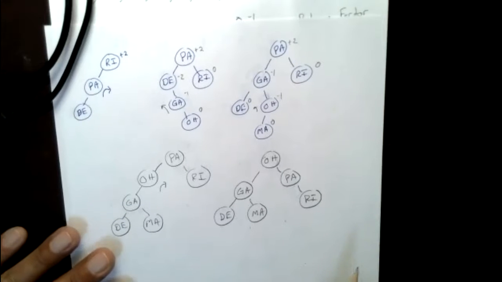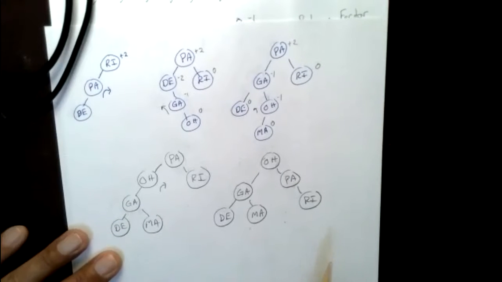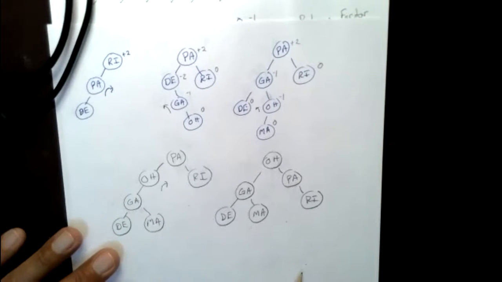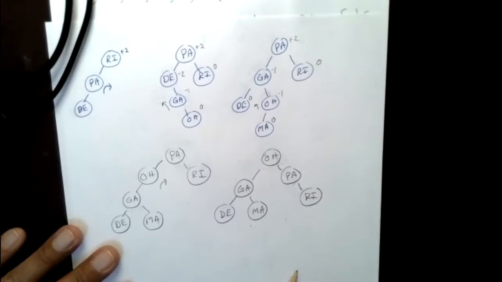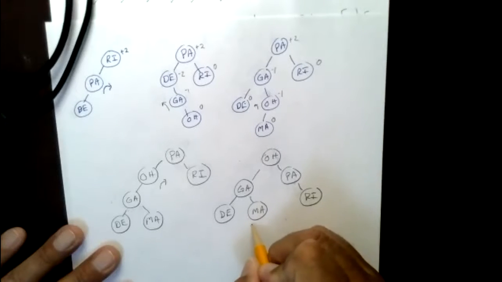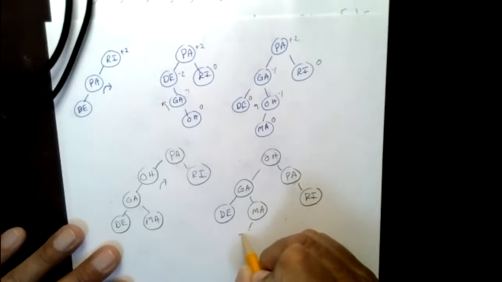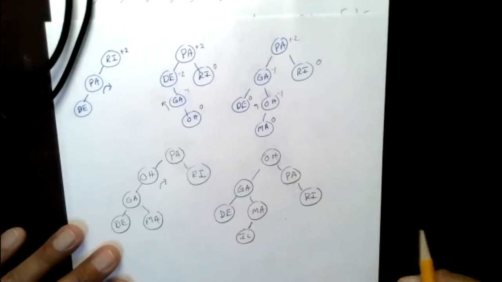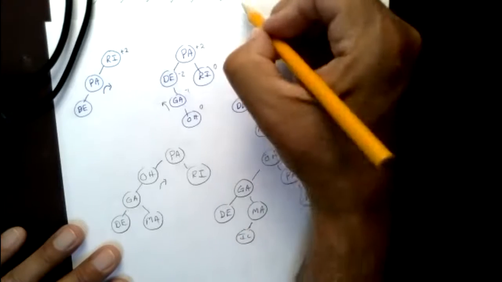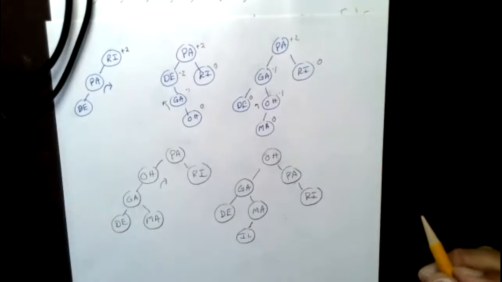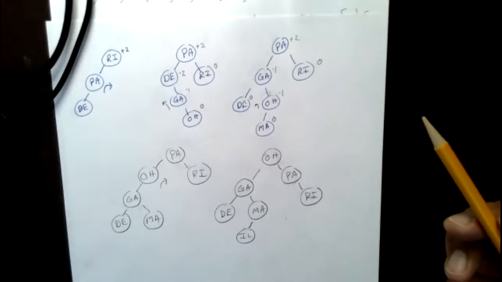I now add Illinois. Where would Illinois go? To the left of Mass. Yeah, right there. Okay. My next one is MI, Michigan.